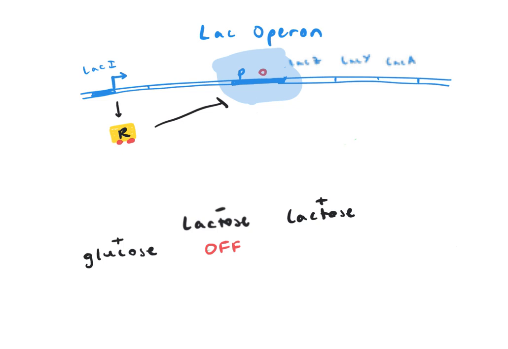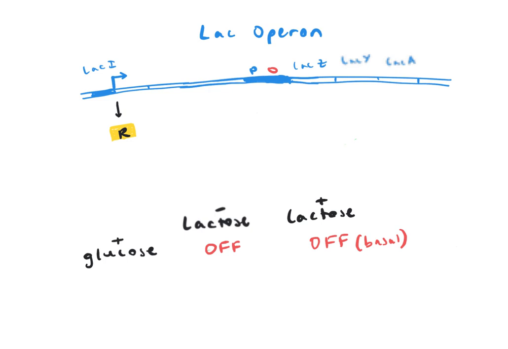And so transcription is going to be pretty lousy. There's going to be minimal transcription to where we can call it off. And if you remember, I called that basal transcription. Just a little bit's made, but it's not enough to really see robust expression of the genes that are needed to break down lactose. And that's because the cell would rather spend its energy breaking down glucose first.